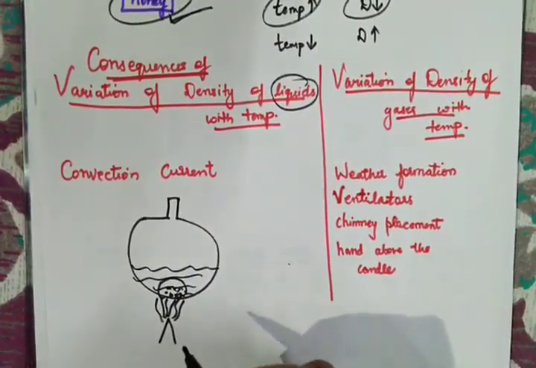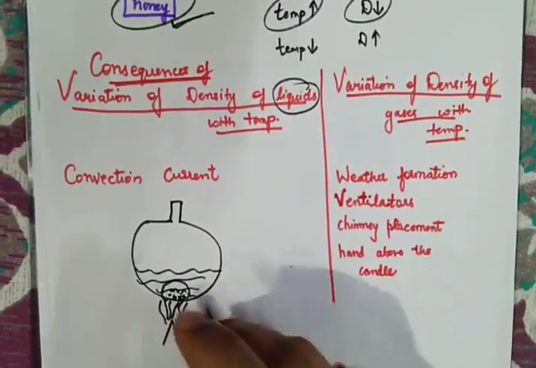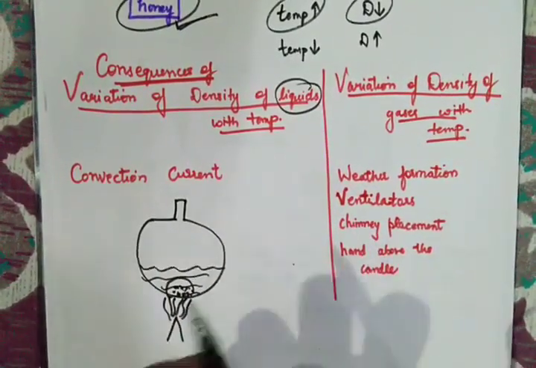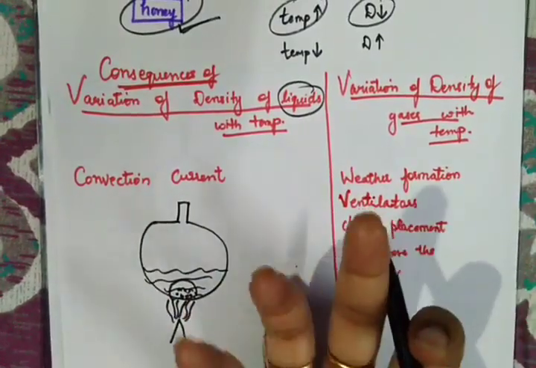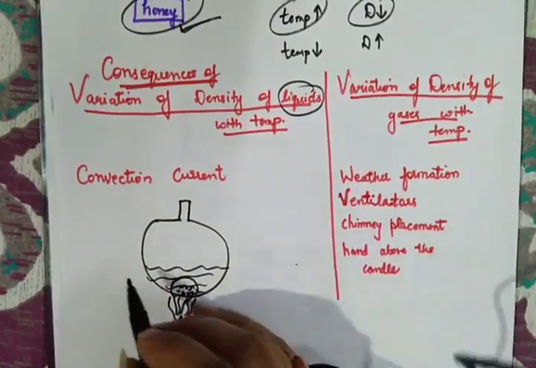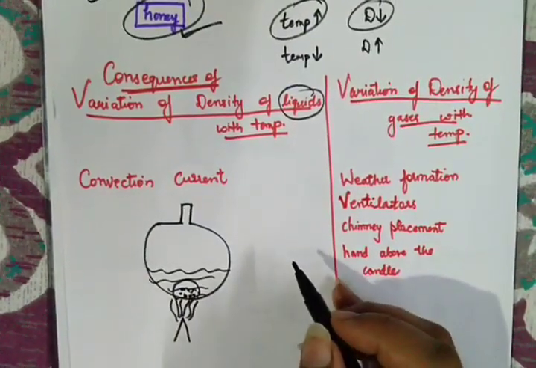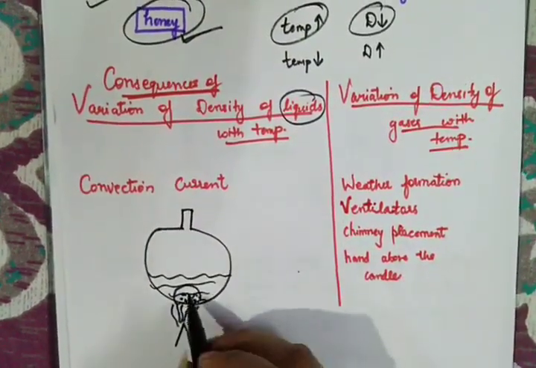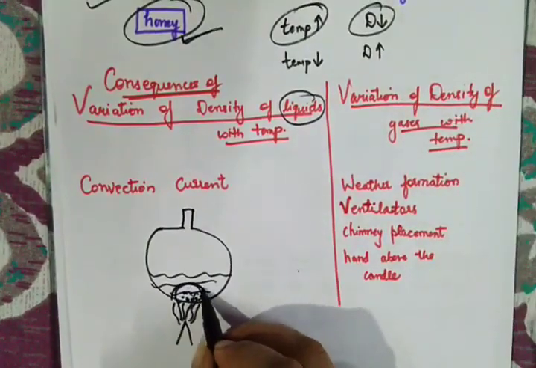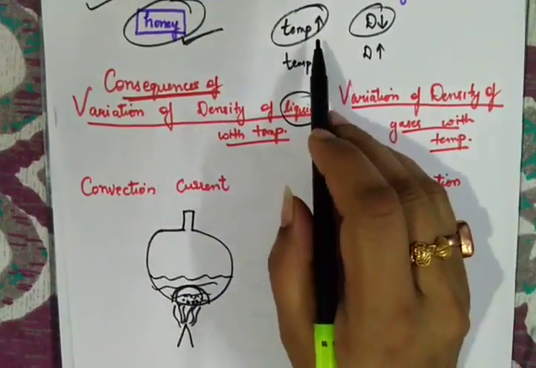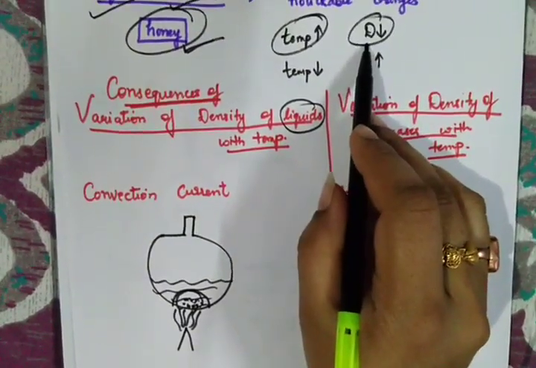And you can ask your mama also in that case. We never mix the tea so that the color becomes uniform, or half of the tea will be white and half will be black. No, it's not the case. The liquid manages the temperature overall in the flask on its own. And how is it happening? See, first of all, the bottom part of the liquid will be heated first. Now once it is heated, its density will become low.